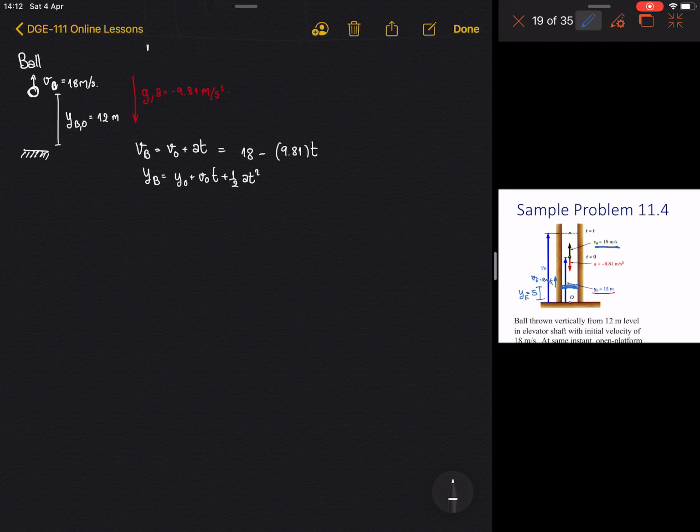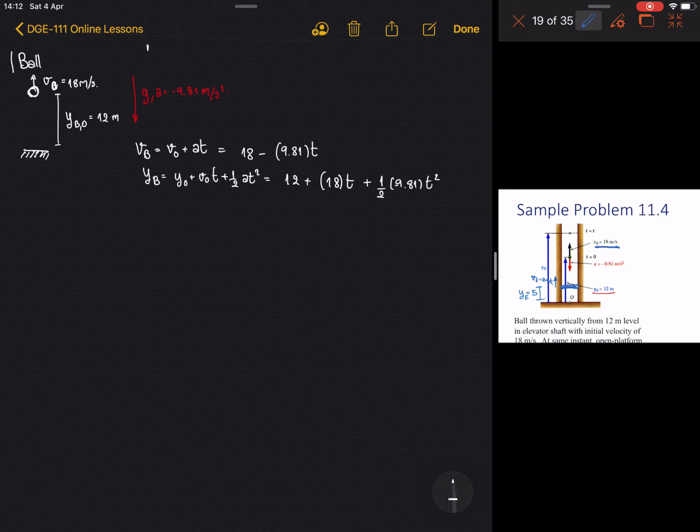I think you should also remember those formulas. This is equal to 12 plus 18t plus 1/2 times minus 9.81 t squared. Okay, so this is for the ball.